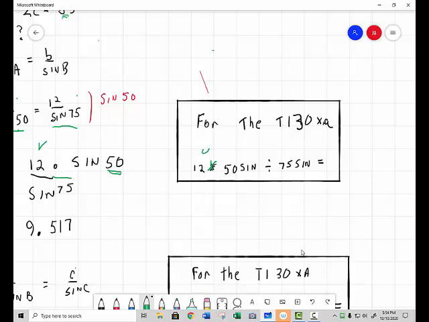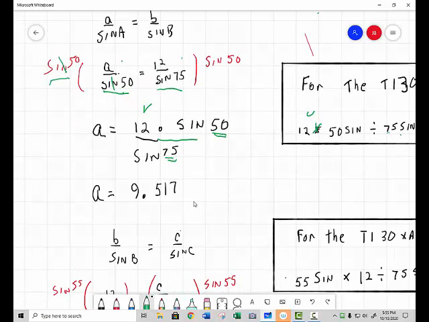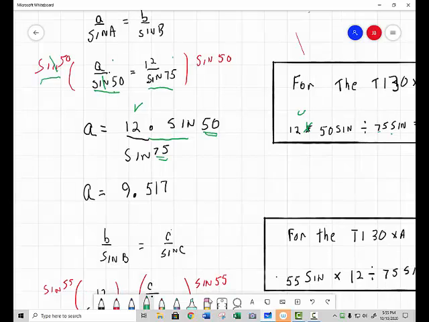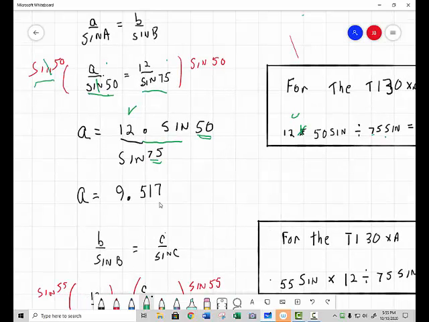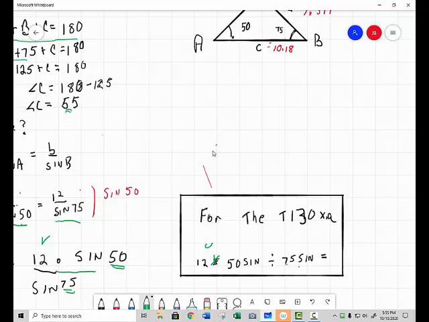And then I'm going to divide that by 75, sine, and push equal. And I should get the side A is 9.517. Okay, so I can label my triangle up here that I know now that A is 9.517.